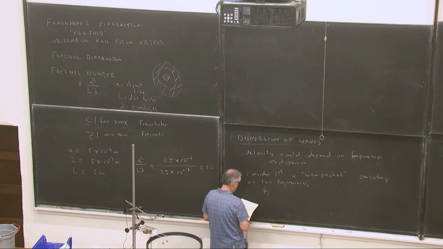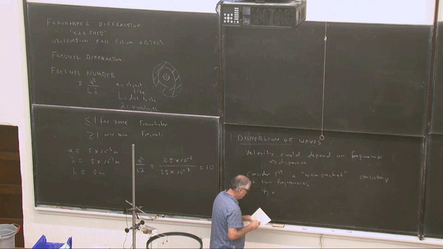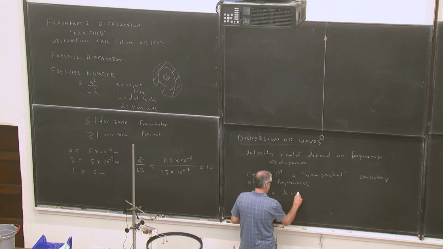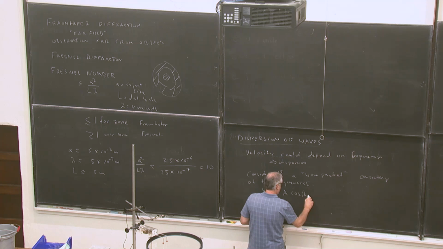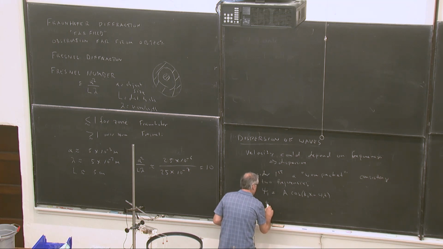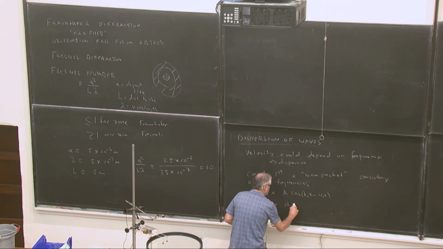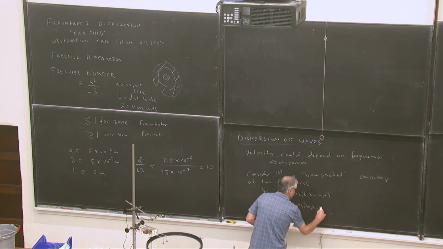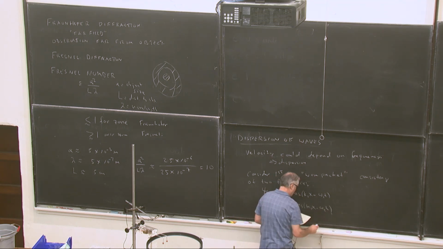So we have one wave that's in our packet that we'll write as amplitude A times cosine(k1 x minus omega 1 t), and psi 2 is A cosine(k2 x minus omega 2 t).